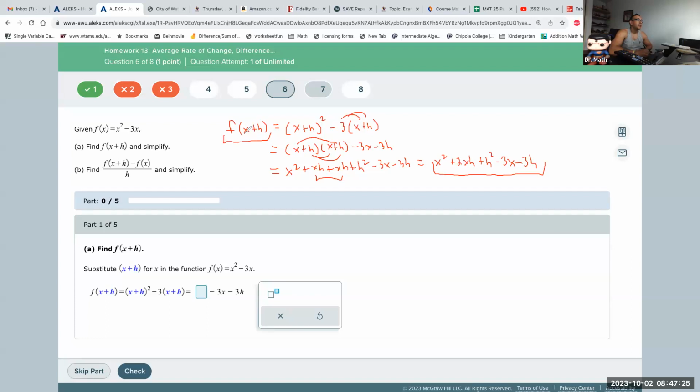The reason that's important is because look at part B. Now in your formula here, this part is already taken care of because you just did that over here. And then this piece right here, f of x, is the same thing as what they give you: x squared minus 3x, all divided by h.